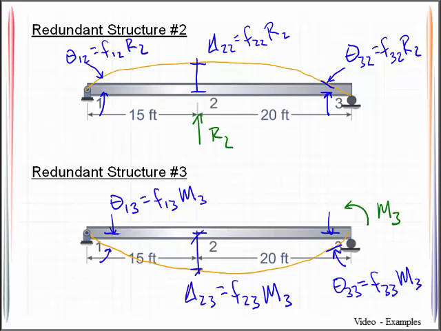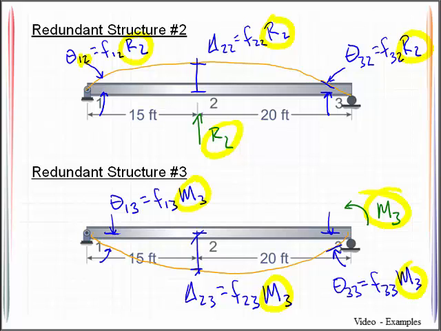So take a close look at the subscripts and recall that the first subscript is the location where the deformation is occurring, the second subscript is the location where the force is being applied. That is why this term is all due to that, and this term is all due to that. And we can use these sketches to go ahead and generate our compatibility equation.